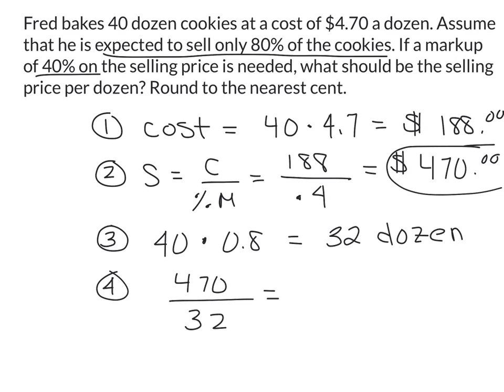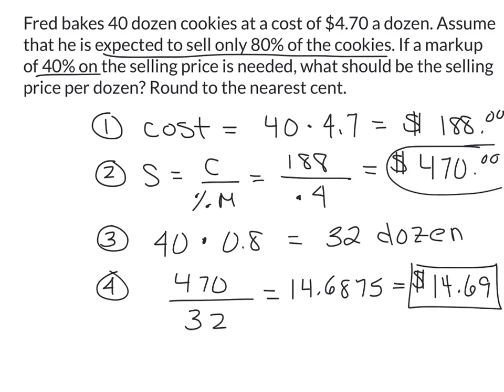So $470 divided by 32 gives us a value of 14.6875, and we'll round that to the nearest cent. So our answer is $14.69. That means that Fred must sell each dozen at $14.69 in order to get a 40% markup on selling price.